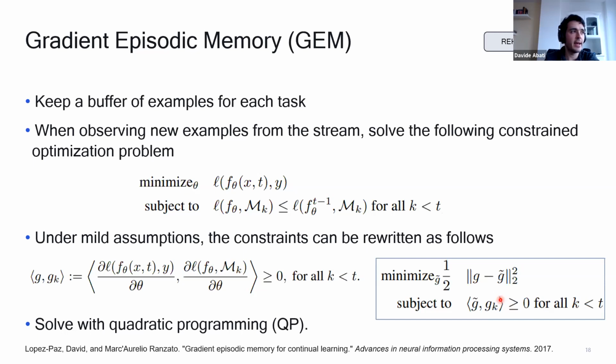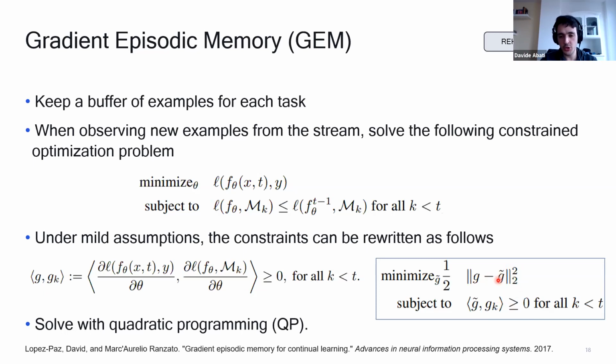So you can think, you have multiple buffers, one for each past task. Each buffer will provide you a direction in feature space, right? And you will also have another direction that comes from the stream.